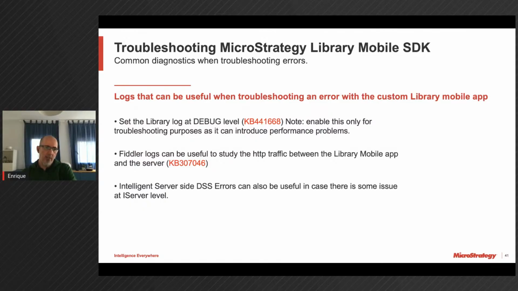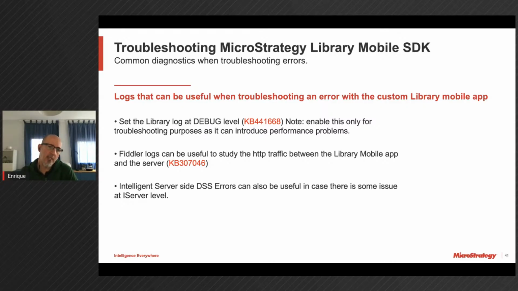Finally, in case of encountering problems when working with Library Mobile, there are some logs and tips that can be useful. First, set the library log at debug level. The instructions can be found in the knowledge base article 441.668. As a note, only set this level for troubleshooting purposes since it can lead to performance issues.